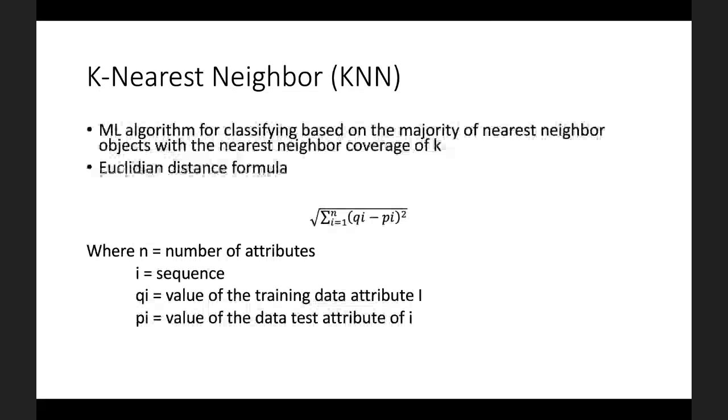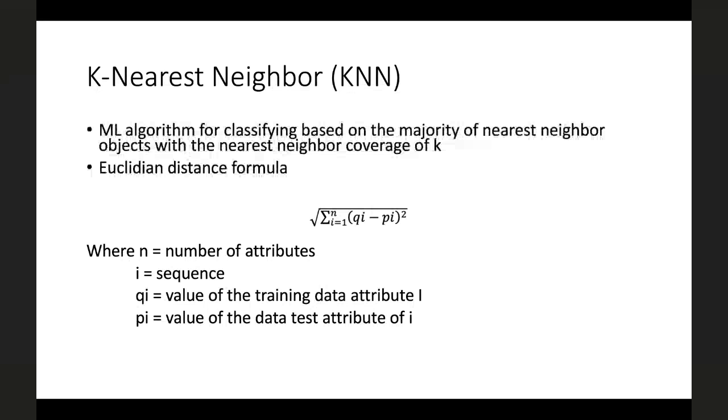The machine learning algorithms used in our research are k-nearest neighbor and decision tree. I'm sorry, this is not my area of expertise, and in this presentation I will only explain from the network engineering perspective.